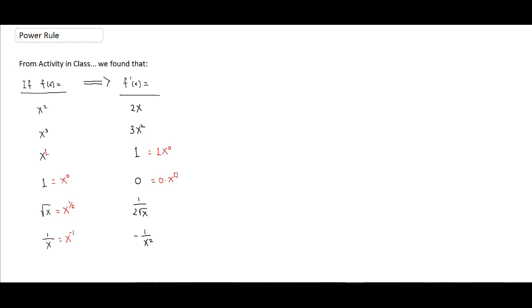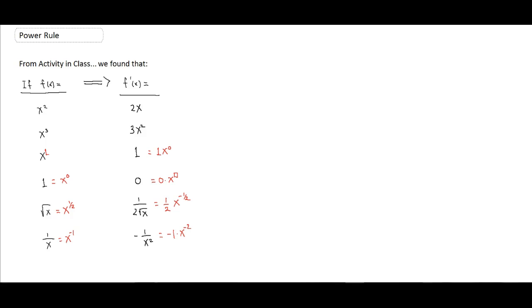I guess it doesn't really matter what the power is, right? 0 times anything is going to be 0. And rewriting 1 over 2 square root of x, this can be written as 1/2 x to the negative 1/2. And negative 1 over x squared is negative 1 times x to the negative 2.